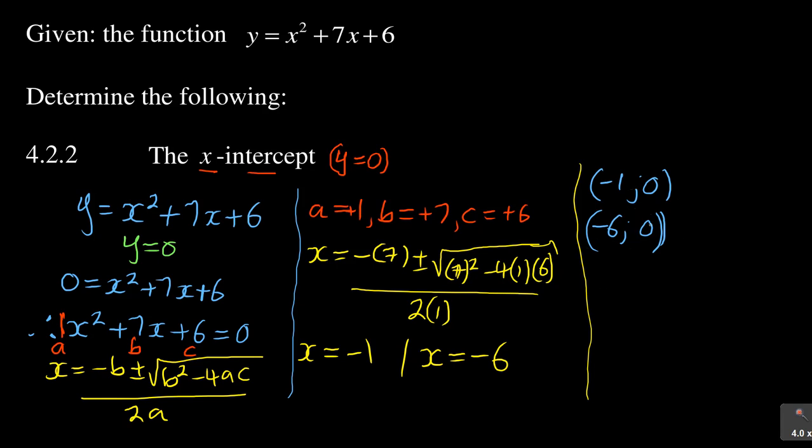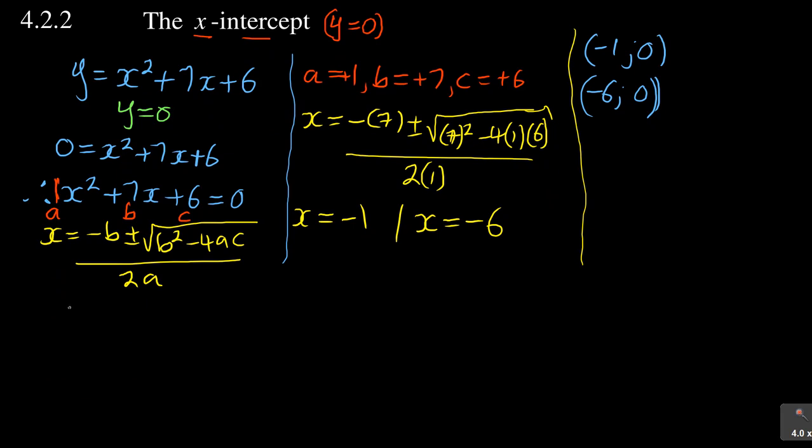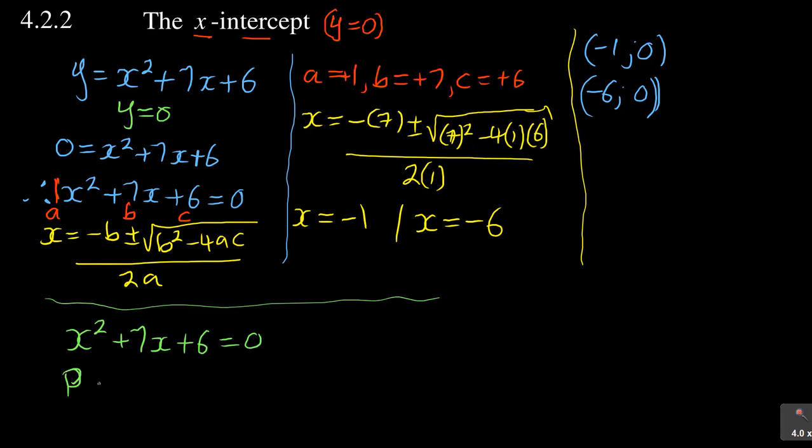These are coordinates. Now, I said there are two ways of solving this. You could have chosen to solve it another way, to say x squared plus 7x plus 6 is equal to 0. You could have chosen to solve it using the product sum method, where my product is equal to, you multiply the first and the last one there, which is positive 6x squared.